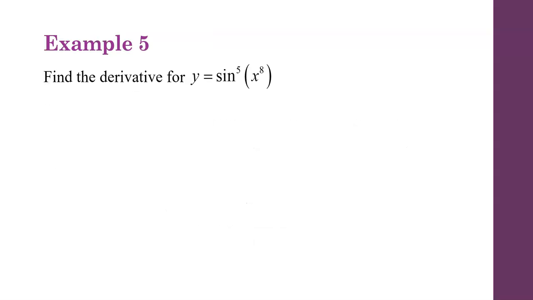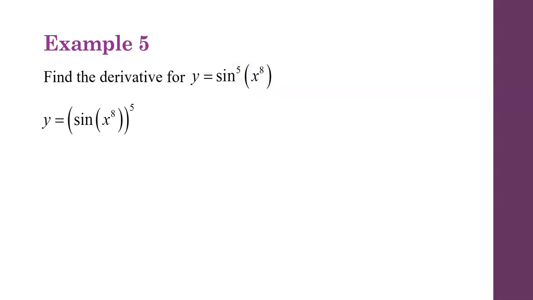Okay, so we'll look at one last example of this longer chain rule. So we want to take the derivative of sine to the 5th of x to the 8th. Right, so here I have 3 functions composed. X to the 8th is the innermost function. Then I'm taking the sine of that, and then the whole thing is taken to the 5th power.